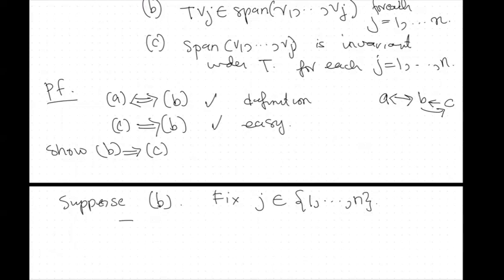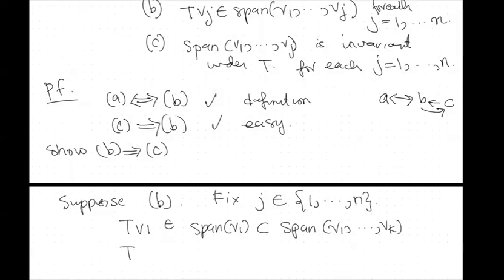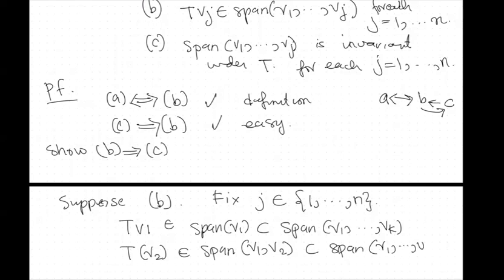Then from B, we get T of V1 is in the span of V1. Of course, it's in the span of itself, and this is also included in the span of V1 to Vj. Then T of V2 is also in the span of V1, V2, which is included in the span of V1 up to Vj.